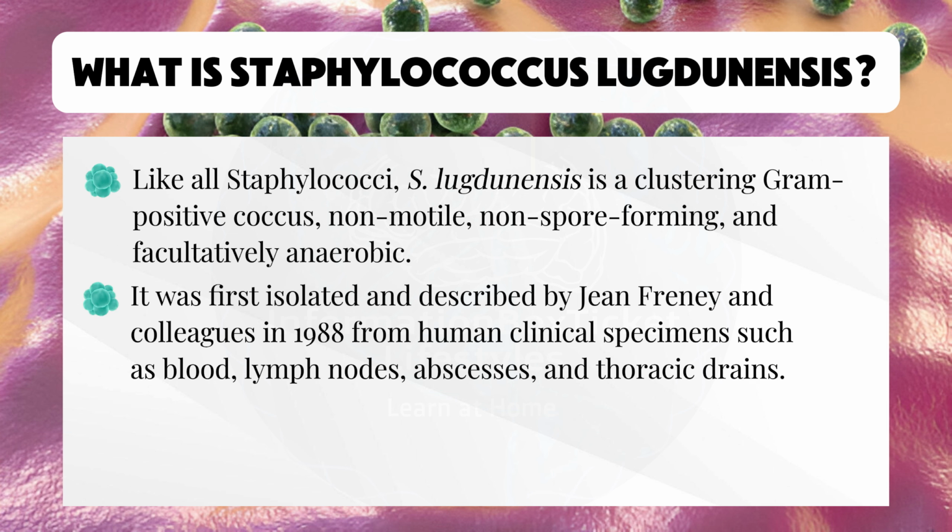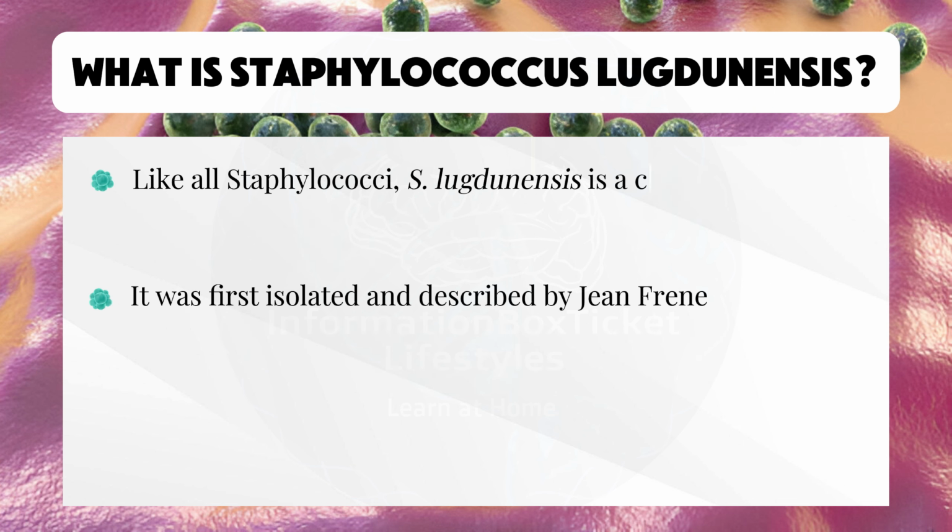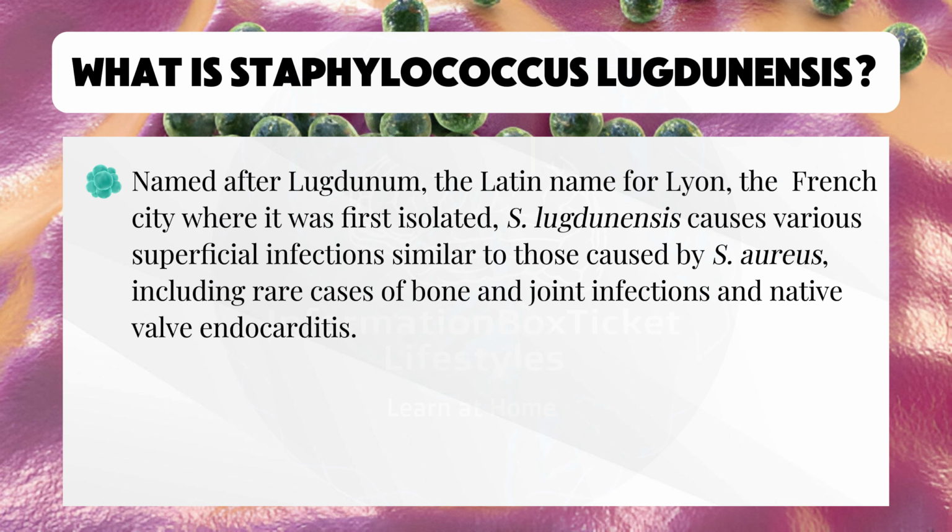It was first isolated and described by Jean Freney and colleagues in 1988 from human clinical specimens such as blood, lymph nodes, abscesses, and thoracic drains. Named after Lugdunum, the Latin name for Lyon, the French city where it was first isolated, Staphylococcus lugdunensis causes various superficial infections similar to those caused by Staphylococcus aureus, including rare cases of bone and joint infections and native valve endocarditis.